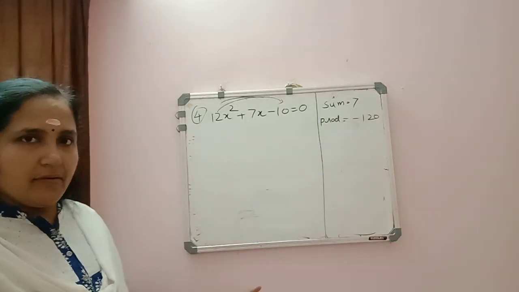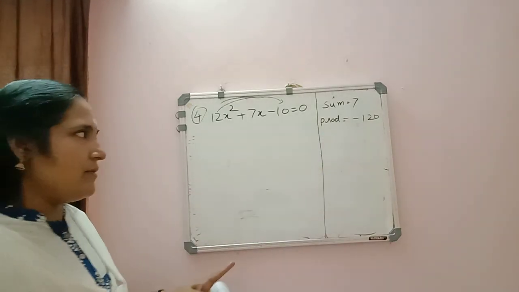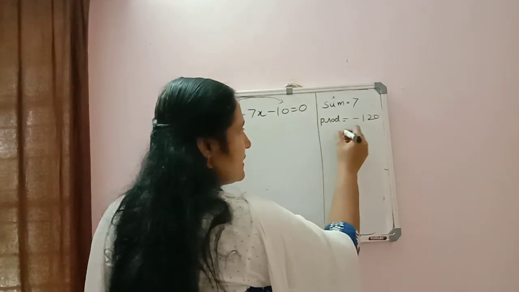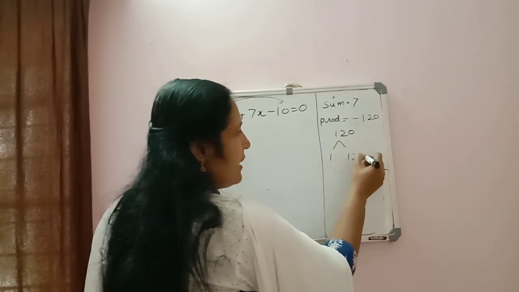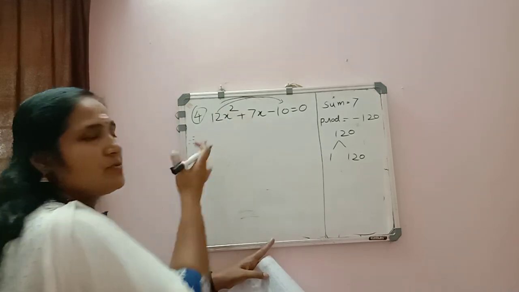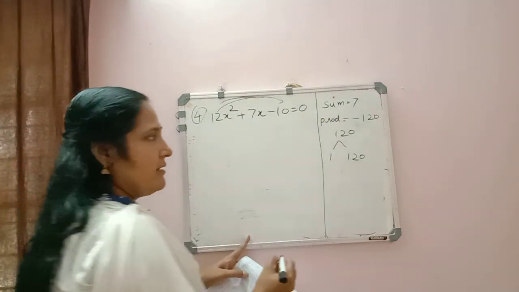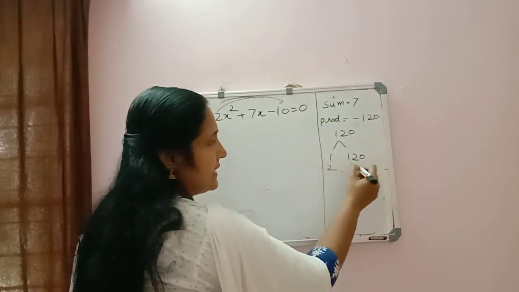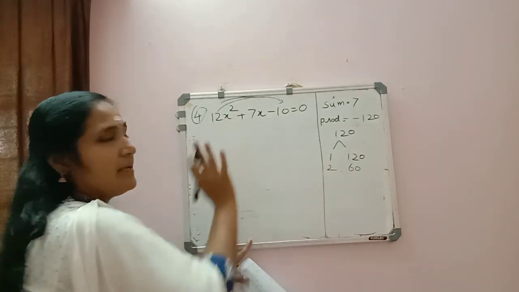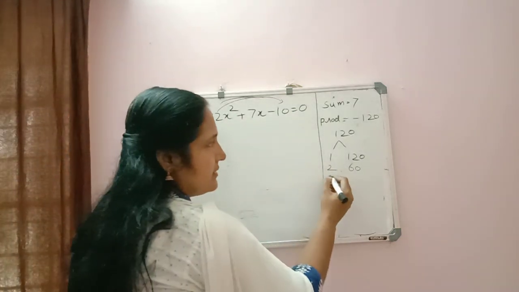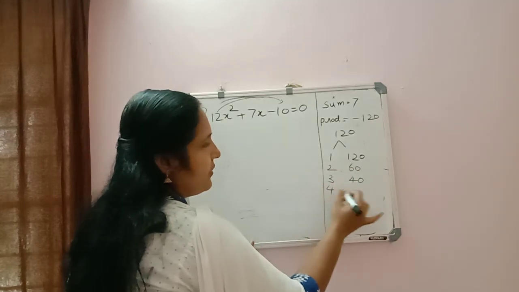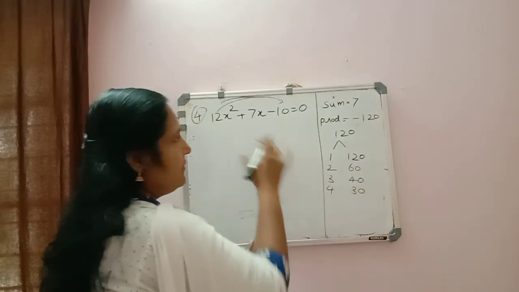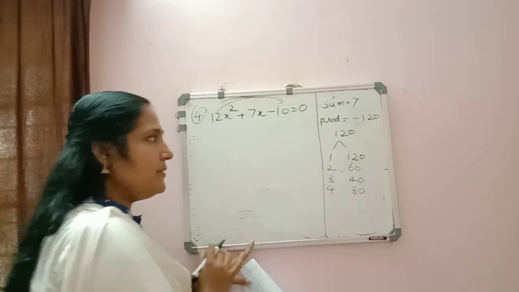Product is negative. So one number should be negative. We have to do the subtraction there. 120. Again we will check there. 1 into 120. But 120 minus 1 not equal to 7. 2 into 60. 60 minus 2 not equal to 7. 3 into 40. Not. Then 4 into 30. Again subtraction not equal to 7.